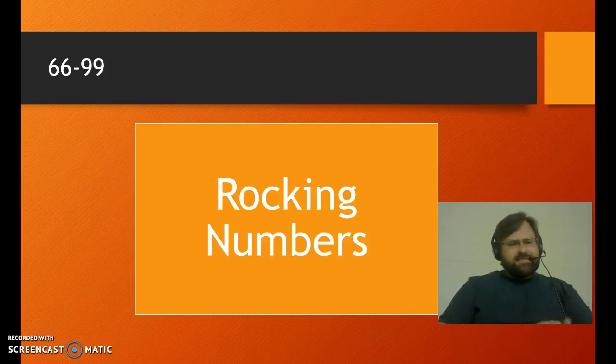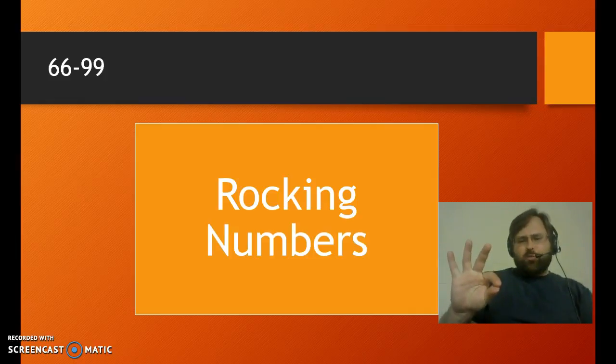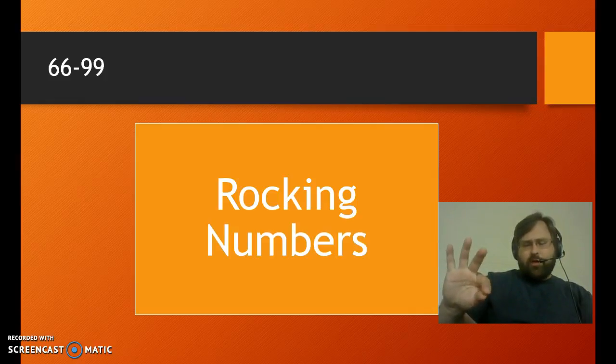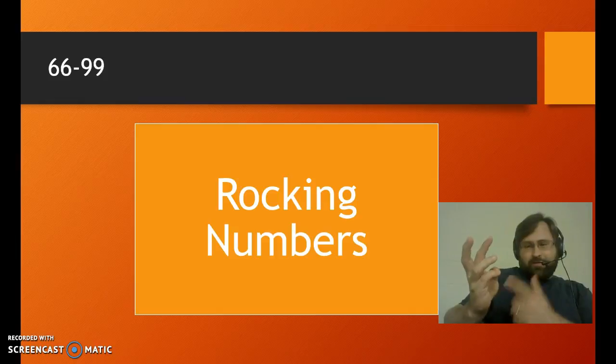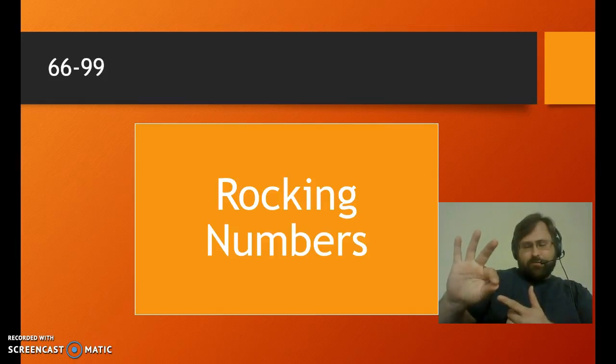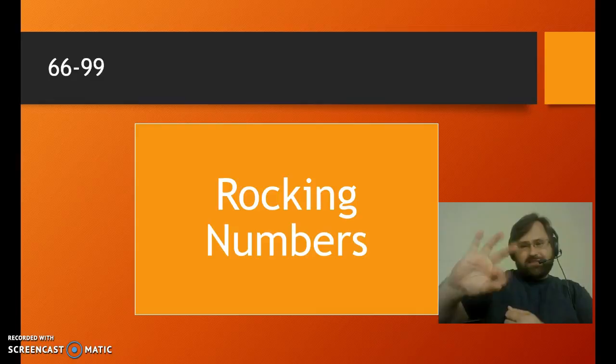For the numbers 66 through 99, or at least if the numbers include 6, 7, 8 or 9 in both the tens place and the ones place, then you have what's called a rocking phenomenon. So if I want to say the number is 69, then this is the 6 and this is the 9. But oftentimes, when I'm forming that number, I will slightly turn my hand to move this way if I'm moving from a smaller number to a larger number, or to move this way if I'm moving from a larger number to a smaller number.